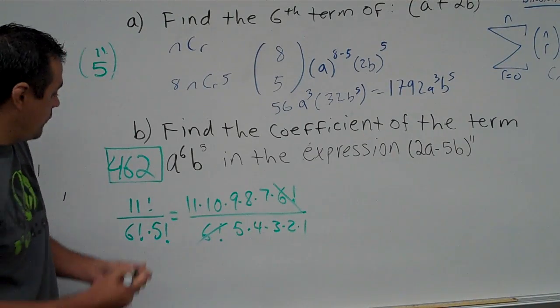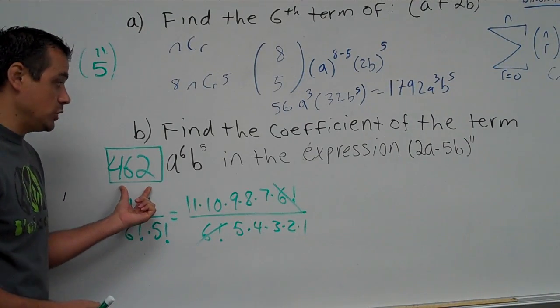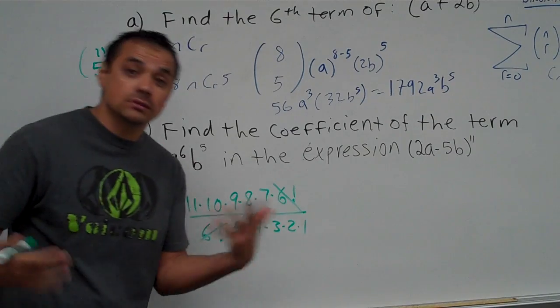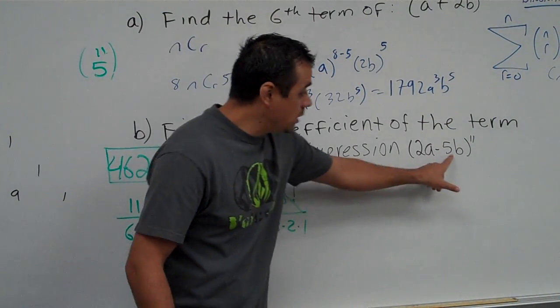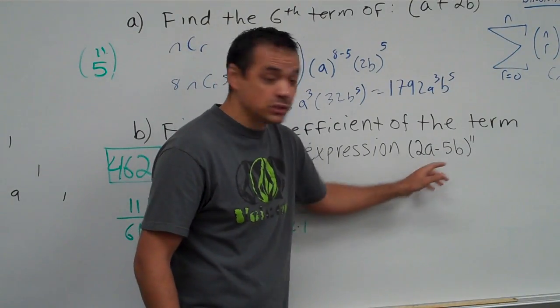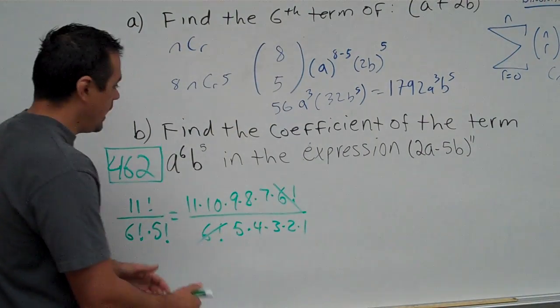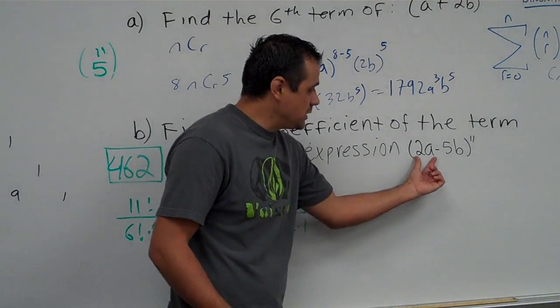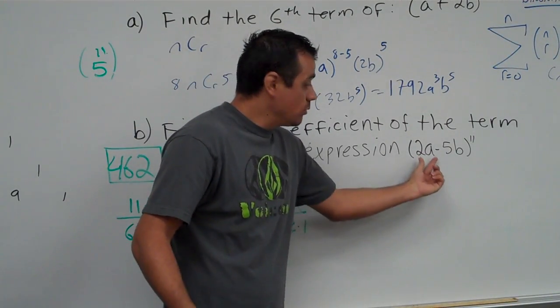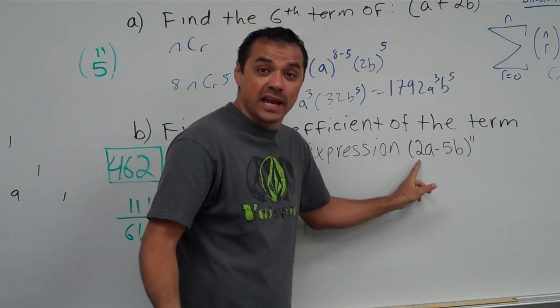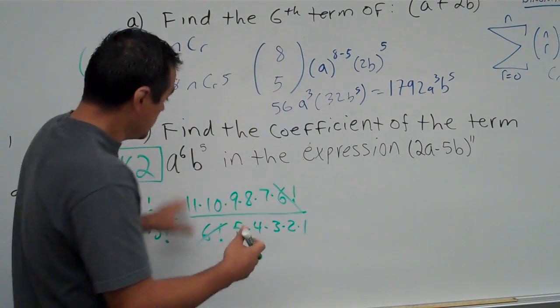However, the coefficient is 462, but what do we still have to take into consideration? These numbers here, right? We have to take the 2a now and also do what to it? Remember, where's this a at in terms of our place?